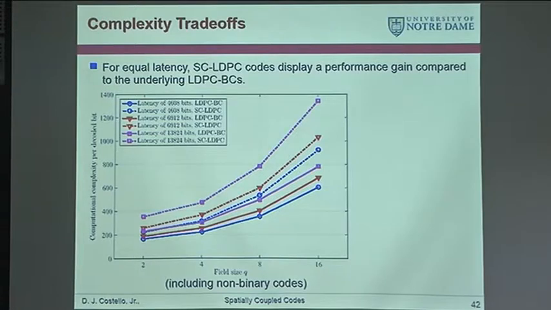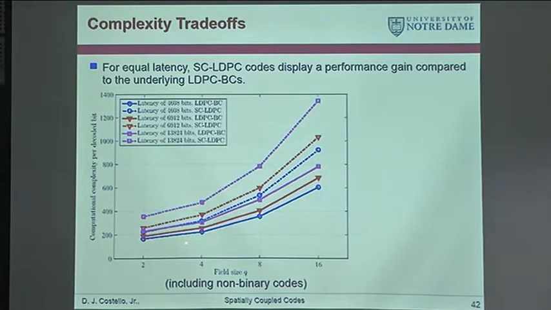This study included non-binary block and spatially coupled LDPC codes, which people have looked at a lot in recent years. We don't really have to look at all these curves. Let's just look at one set. The blue set is for 4600-bit latency, the orange set is for 6900, and the purple set is for 13,000. We can just look at the blues.